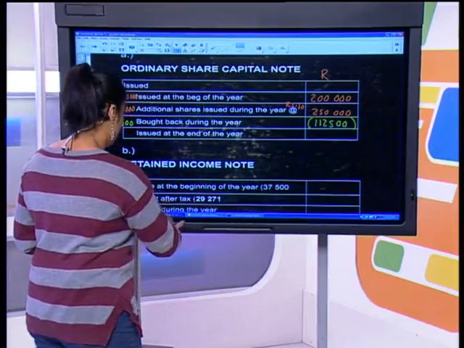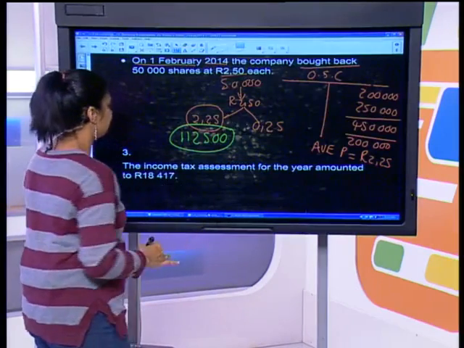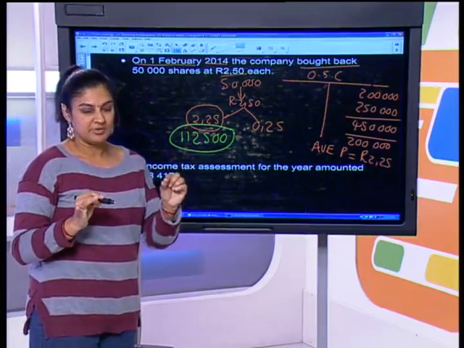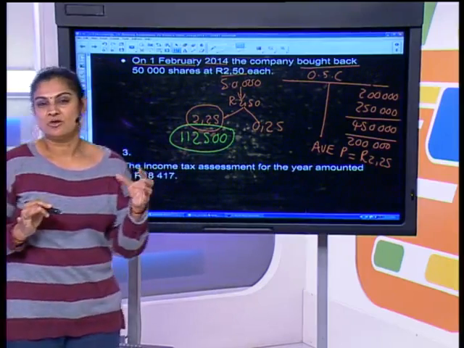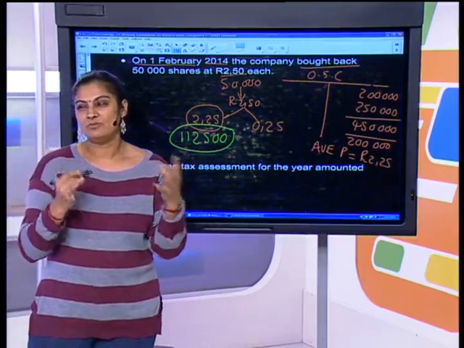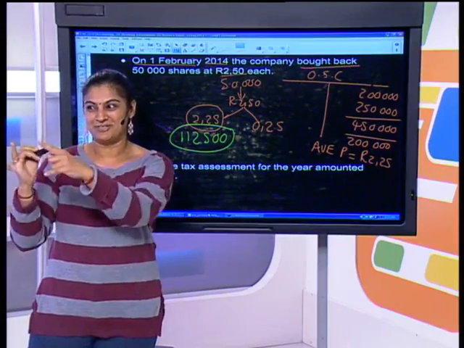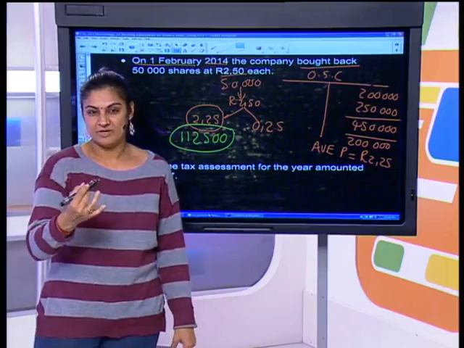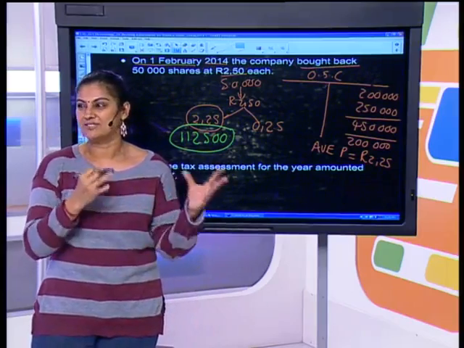Let's now go back to our adjustment. We've dealt with ordinary share capital, but remember, guys, good accountants are not only good with figures, but they're also extremely good with time.